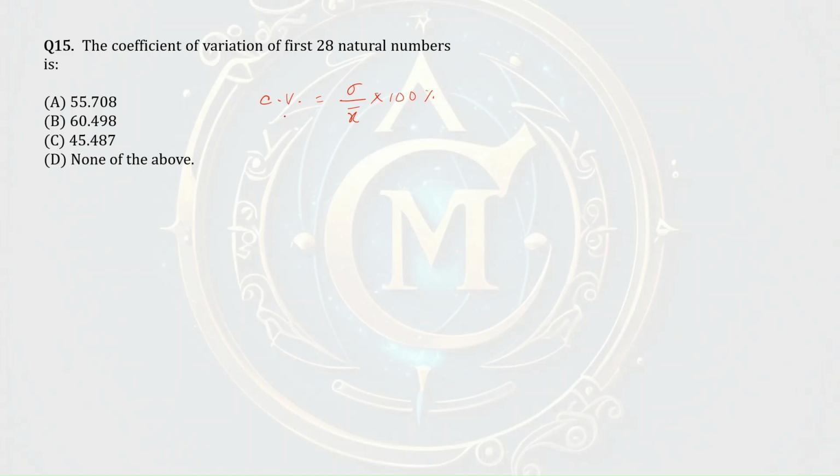So this is the coefficient of variation. Now you have to simply use this formula to derive the coefficient of variation for the first 28 natural numbers.